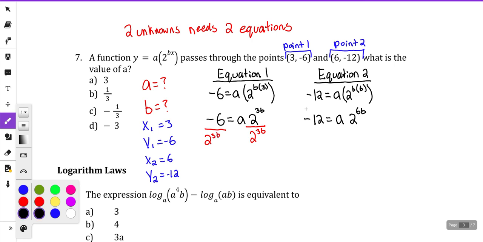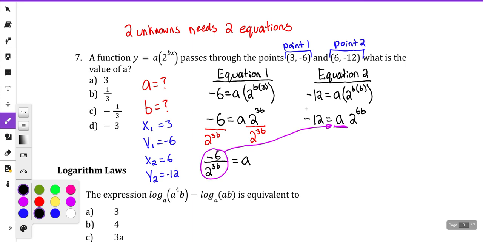I have negative 6 divided by 2 to the power of 3b is A. This means I can go to equation 2, and I now know what A equals. A equals negative 6 divided by 2 to the power of 3b. And I'm going to substitute that in for A. So it should look like this.